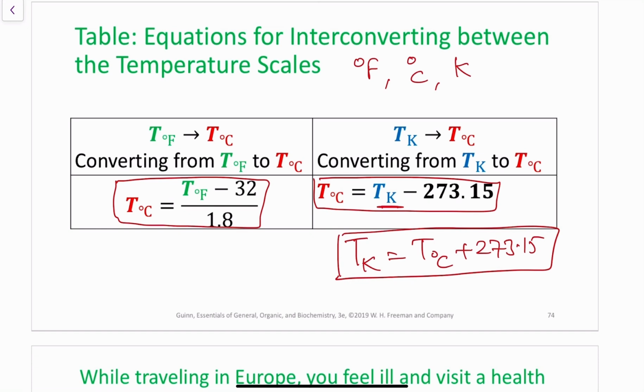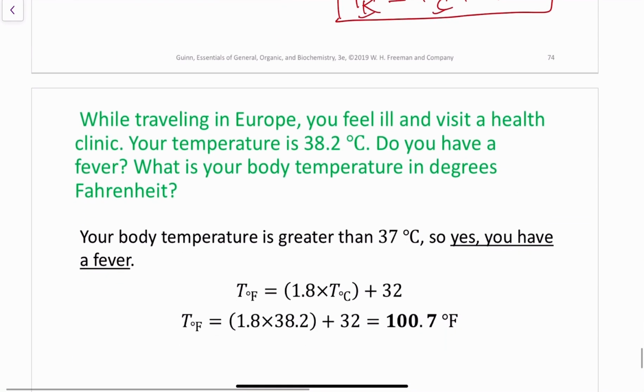So basically you can convert from one unit of temperature into another by using these two equations separately. The first equation is between degree Fahrenheit and degree Celsius. The second equation is between degree Celsius and Kelvin.